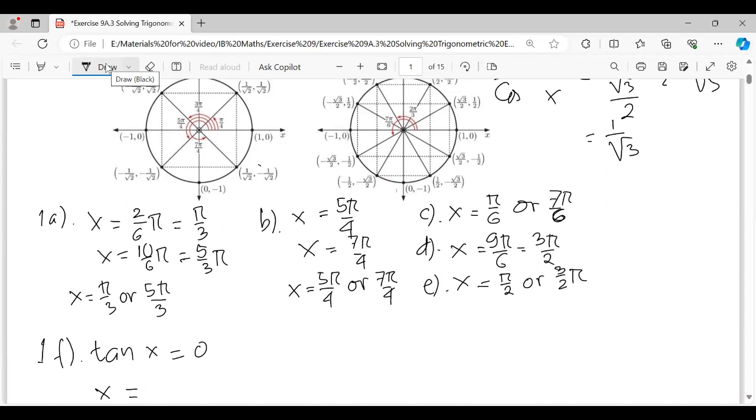It means 0 over a number, because 0 over 1 equals 0. So x equals 0, and this one as well, pi or 2 pi, because the interval is from 0 to 2 pi.